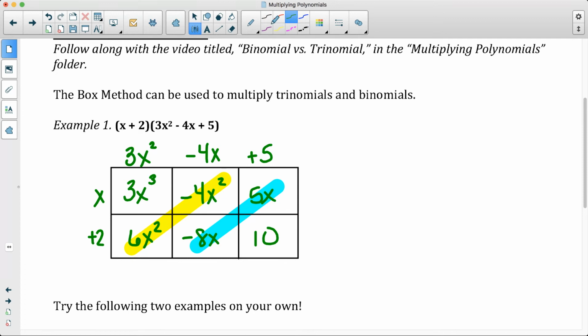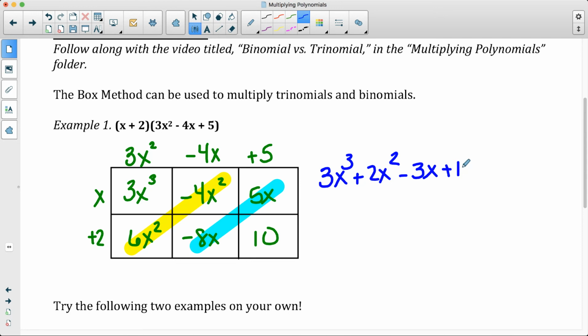So let's go ahead and write our final answer with our like terms combined. So we're going to start with our 3x to the third. I'm going to combine 6x to the second minus 4x to the second is plus 2x to the second. Negative 8x plus 5x is negative 3x, and then the plus 10.